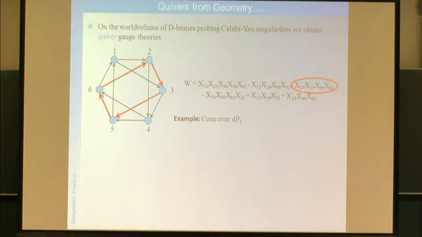So this term is a closed loop here, and if we really want to understand the mapping between geometry and quantum field theory, we need to understand not only how the quiver is determined, but which of all the possible gauge invariant terms are there in the superpotential. Okay?